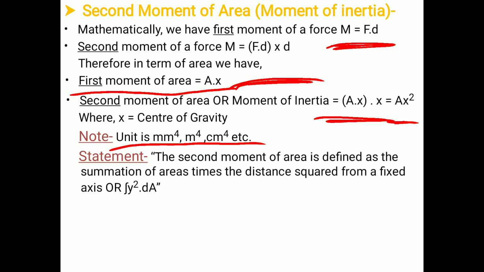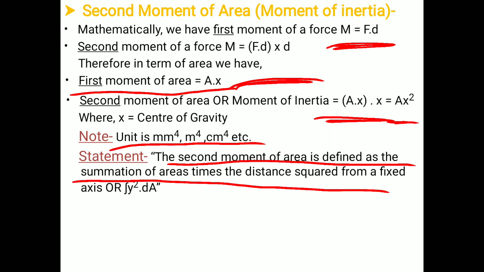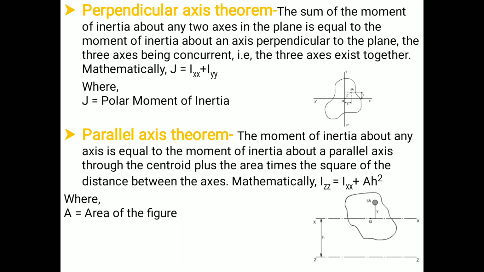Therefore, the statement of moment of inertia is: the second moment of area is defined as the summation of areas times the distance squared from a fixed axis. That is, it is a summation of y square into dA, or we can consider it as A x square also. This is the definition of second moment of area.